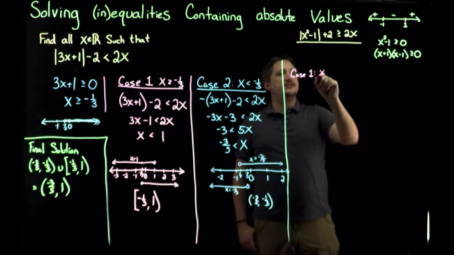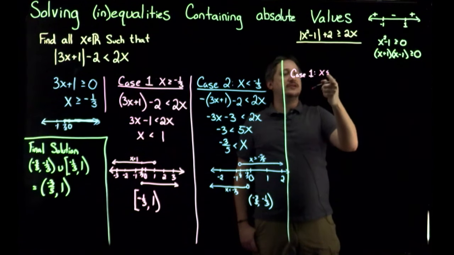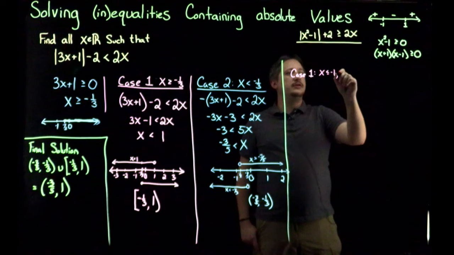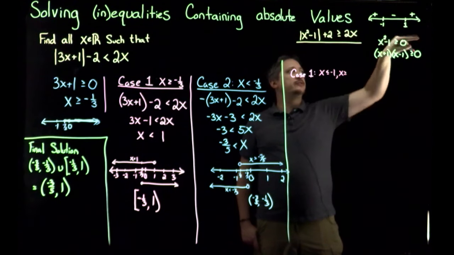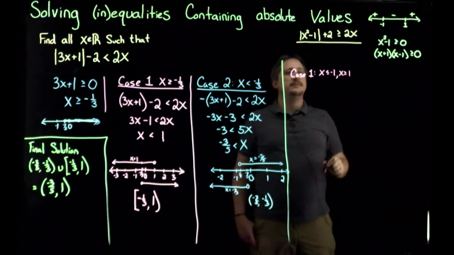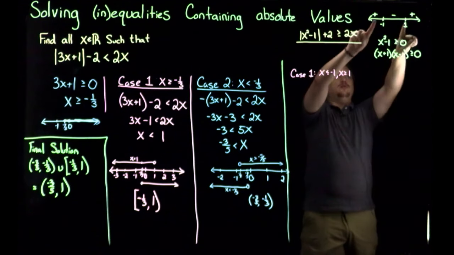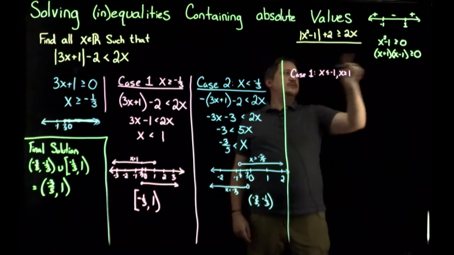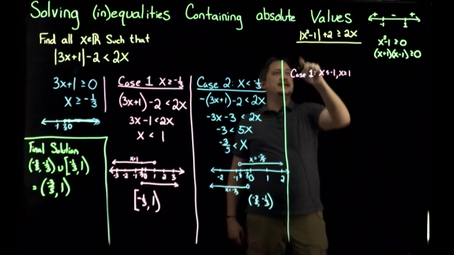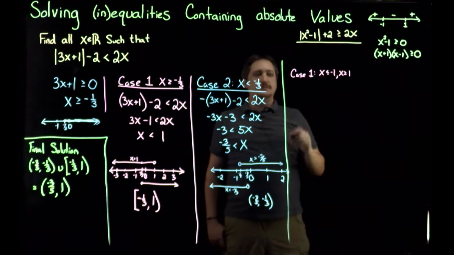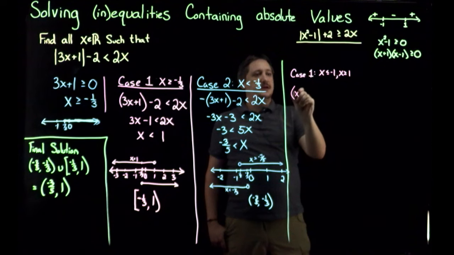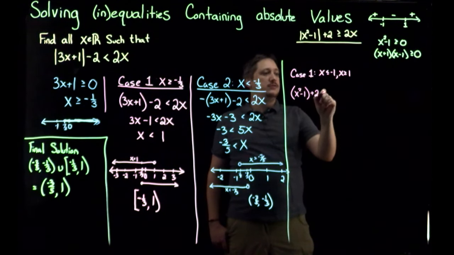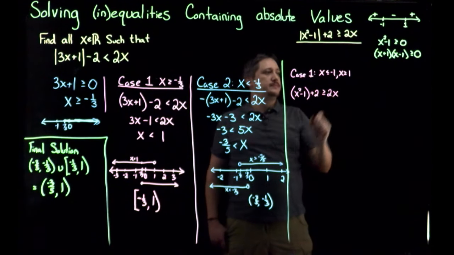So I have x less than or equal to negative 1, or x greater than or equal to positive 1. So it's in one of these two sections. And in that case, we said that the inside is not negative, so I can just replace it with the parentheses. So I'm going to get x squared minus 1 plus 2 greater than or equal to 2x.